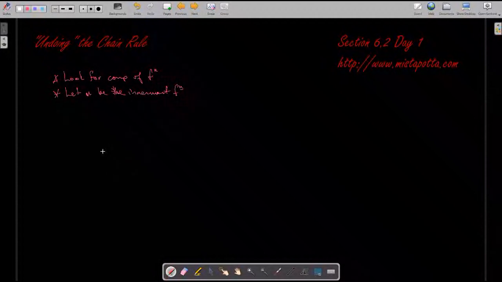And then once I've done that, I'm going to find du in terms of dx. I find this by taking the derivative and then multiplying both sides by the differential dx to get du, the differential by itself.